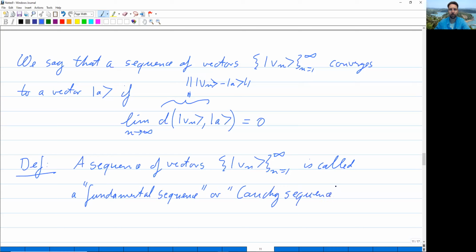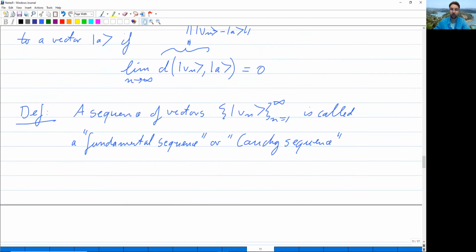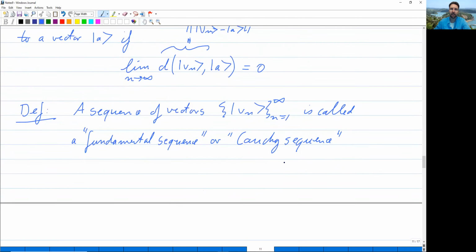And maybe you remember now from earlier calculus what these things are for numbers. Now we do it for vectors. If the limit for n and m going to infinity of d, the distance between Vn and Vm, goes to 0.